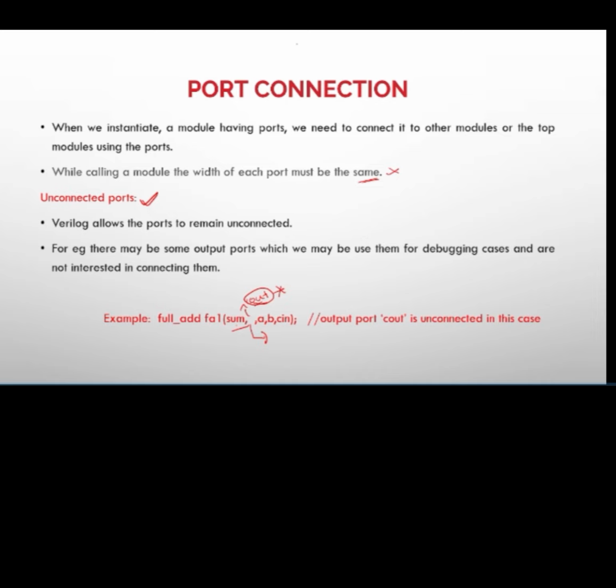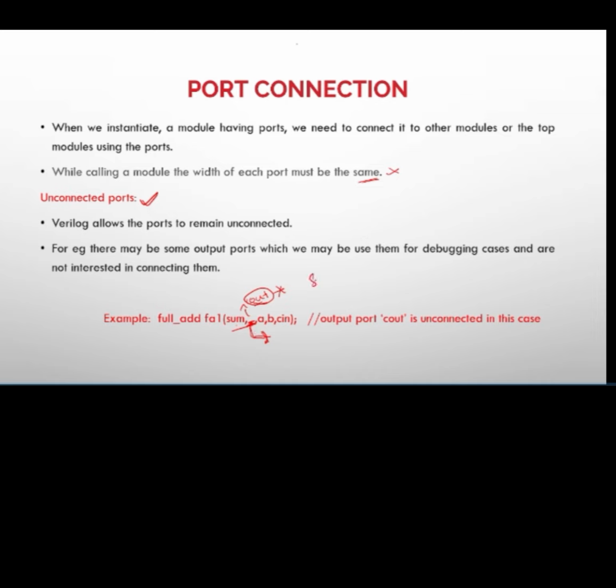When this comes to coding, in software, we can also do it by just leaving white space there. Got my point? This is called an unconnected port, and it doesn't give any error. When you have left white space, it is considered that there is a port there but it is unconnected.